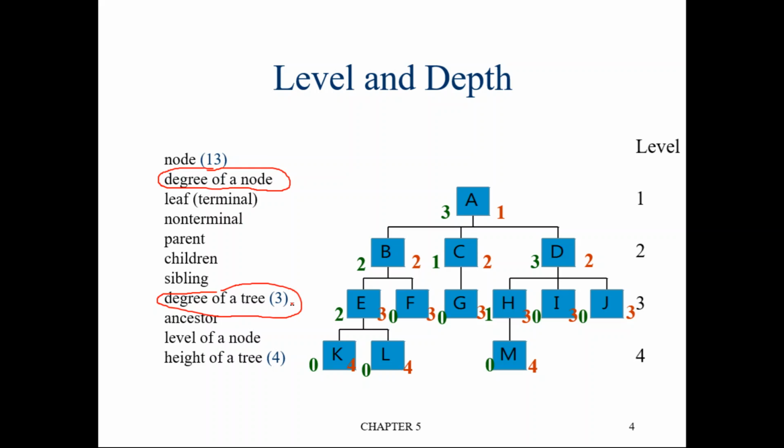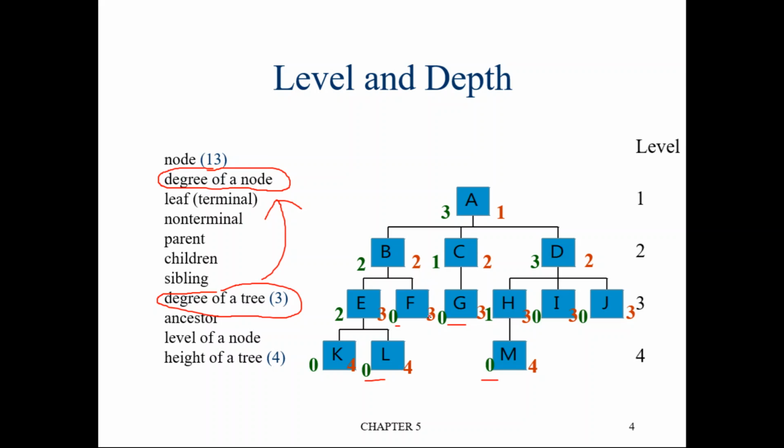What is the degree of a tree? Actually, the degree of a tree is calculated from the degree of nodes. After calculating the degree of all the nodes, you identify the node with the maximum degree. So in this tree, the degree is calculated for all nodes: 0, 0, like this. You can see all these green things are nothing but degrees.